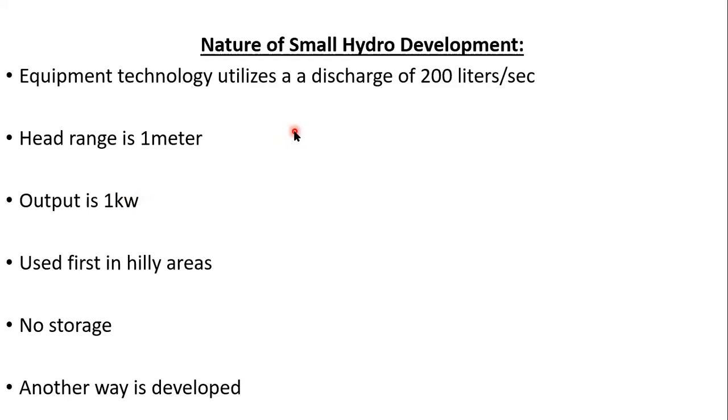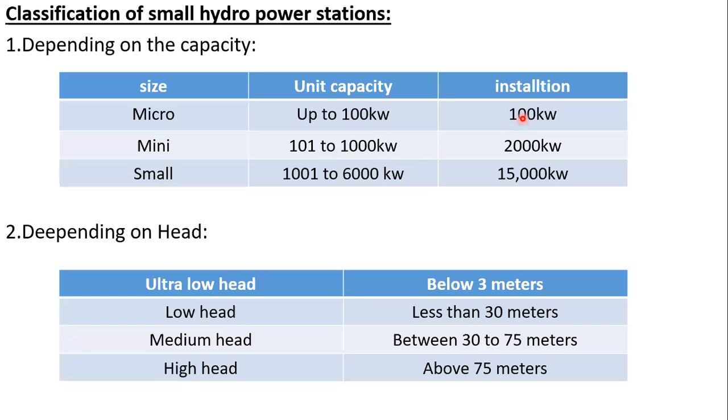And next we will see the classification of small hydropower plants depending upon the different natures. As per the Central Electricity Authority and Bureau of Indian Standards, the SHP, small hydropower plant stations, are classified first depending upon the capacity, the size. If you take the micro one, the unit capacity is up to 100 kilowatts and the installation is 100 kilowatts.